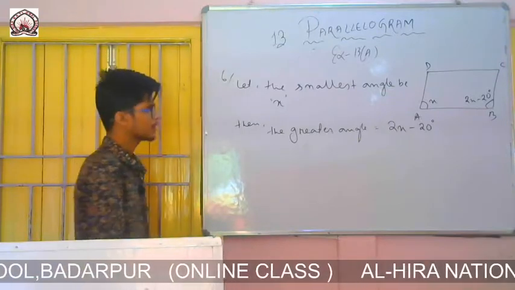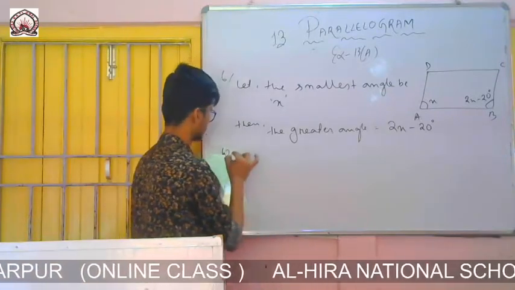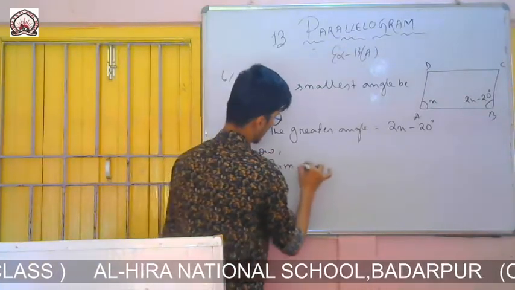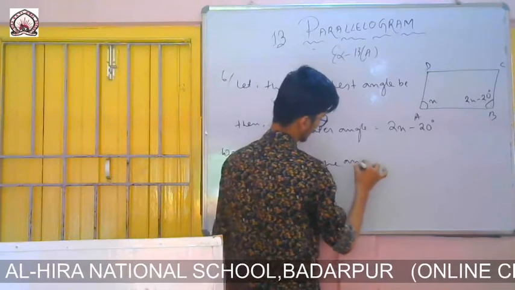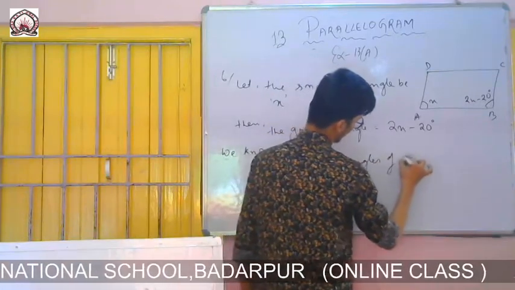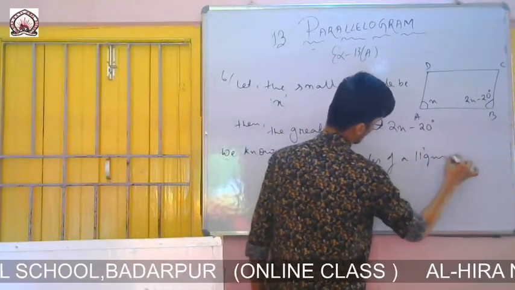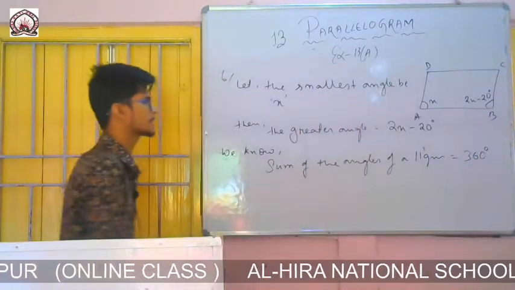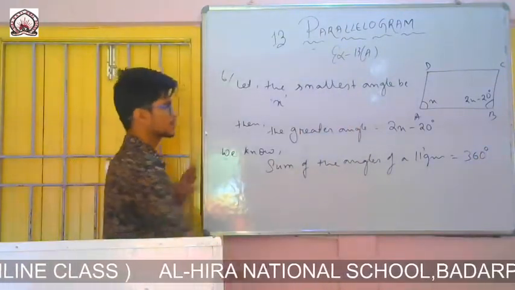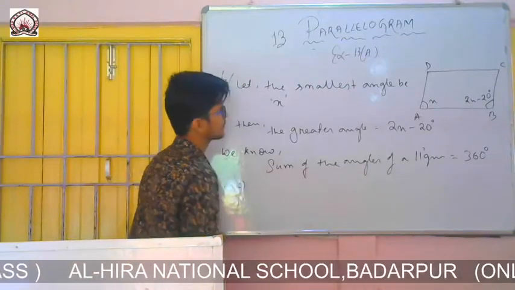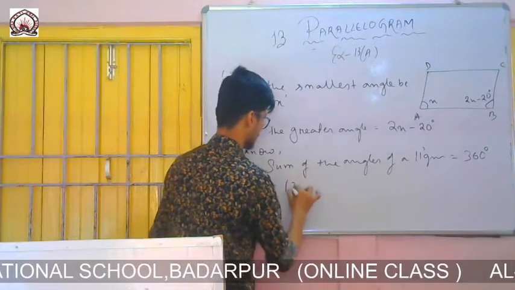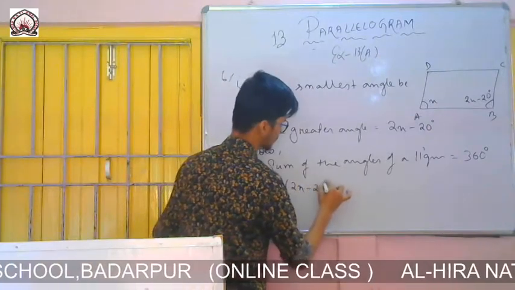So simply we know the sum of the angles of a parallelogram is equal to 360 degree. So the sum of the angles: if this is x, then x plus the next one, twice x minus 20.